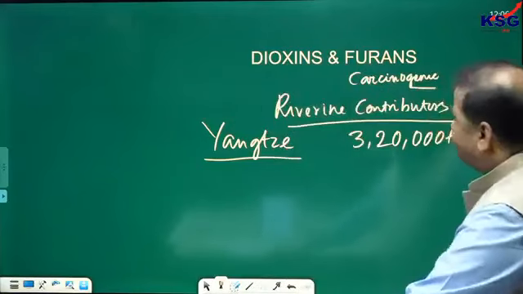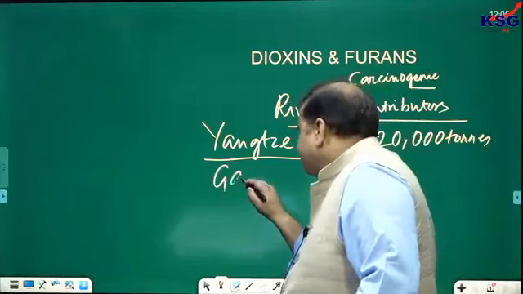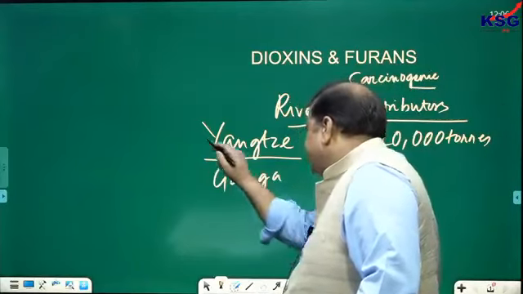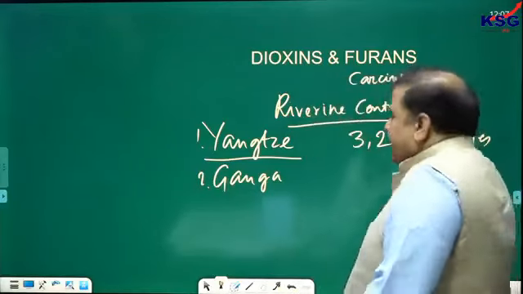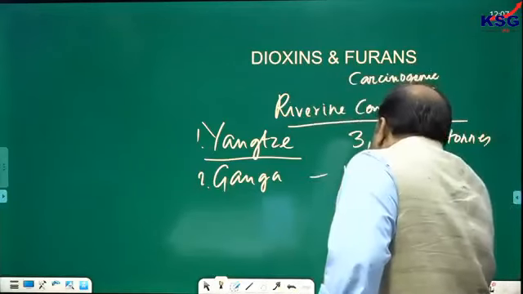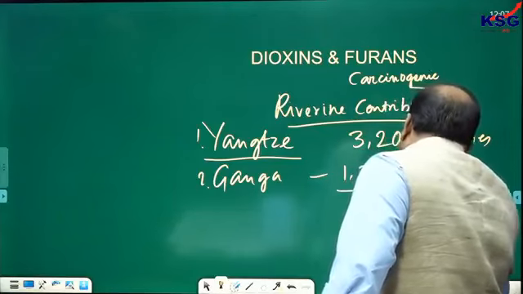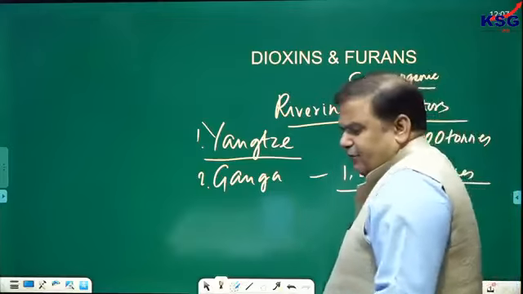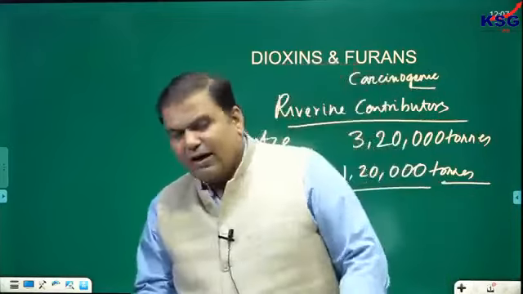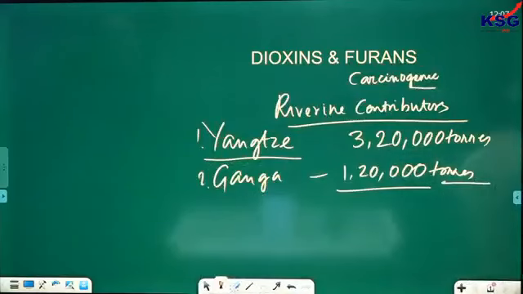The second biggest contributor is Ganga, as every year it dumps 1,20,000 tons of mismanaged plastic in the ocean.